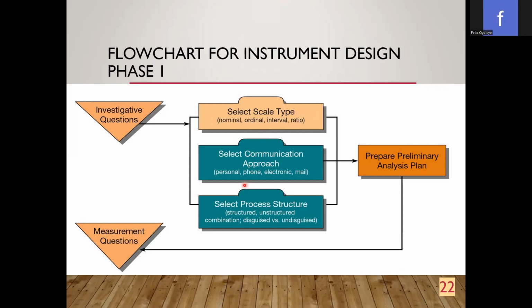Now, another important thing to decide is the approach you are going to use for this communication. This is your data collection. Are you going to give them the questionnaire one-on-one, standing with them to collect the data, or give it to the individual to fill the form?